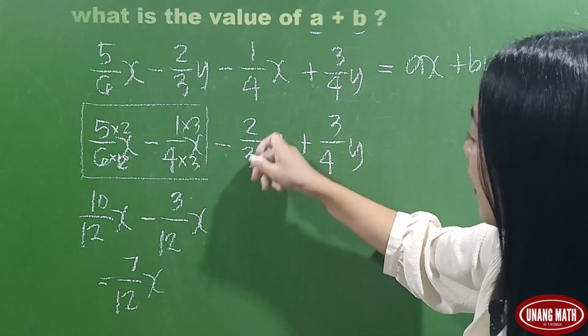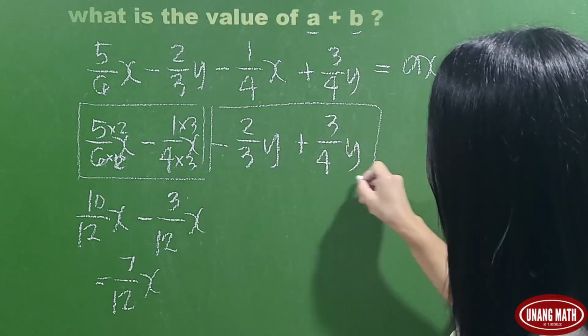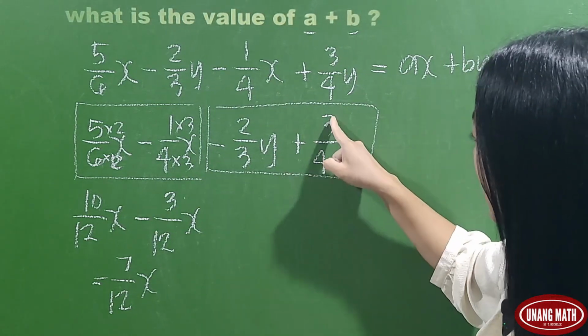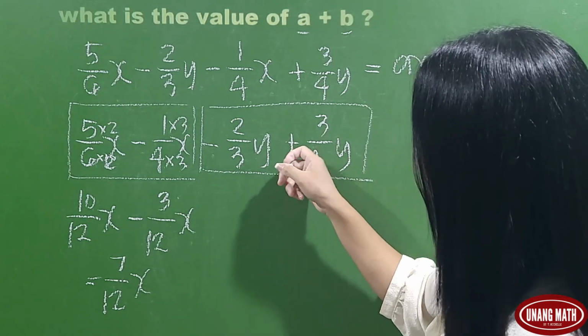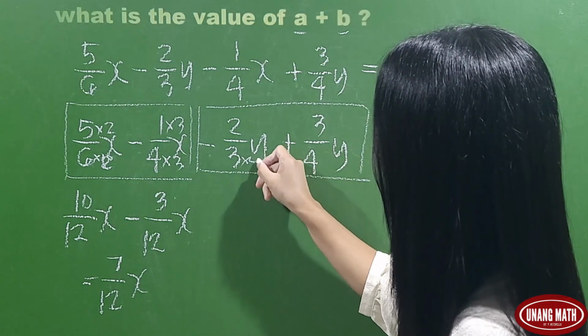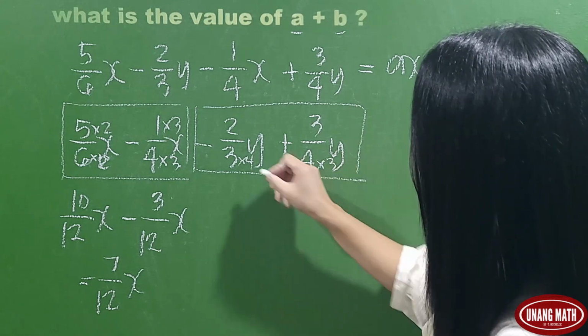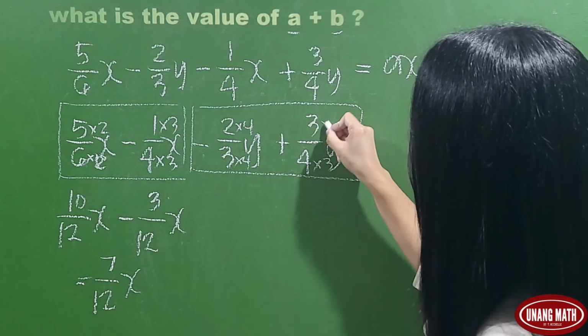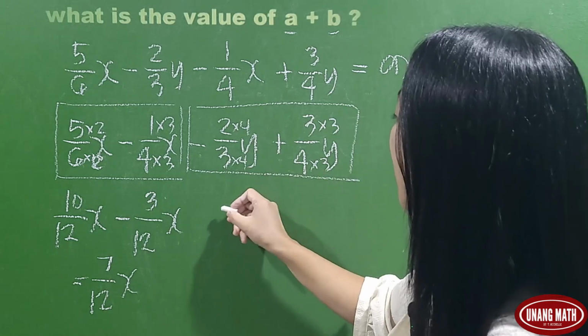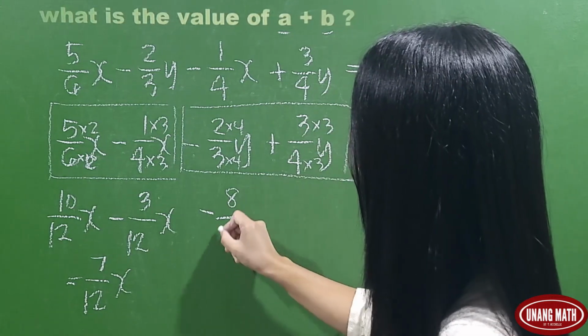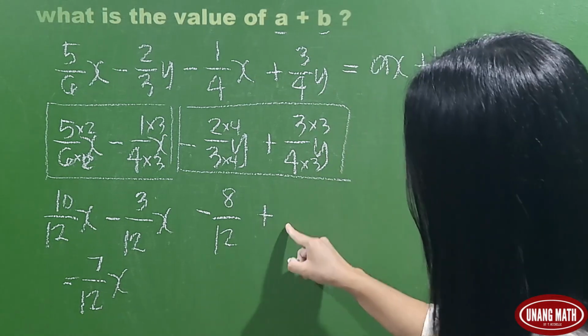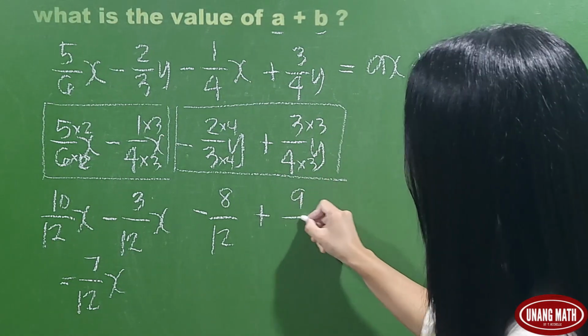Okay, what about here? We have negative 2 over 3y plus 3 over 4y. Make the denominators the same so we can proceed in adding. So this is times 4. This is times 3. This is also times 4. This is times 3. So we have here negative 8 over 12, okay, plus 9 over 12.